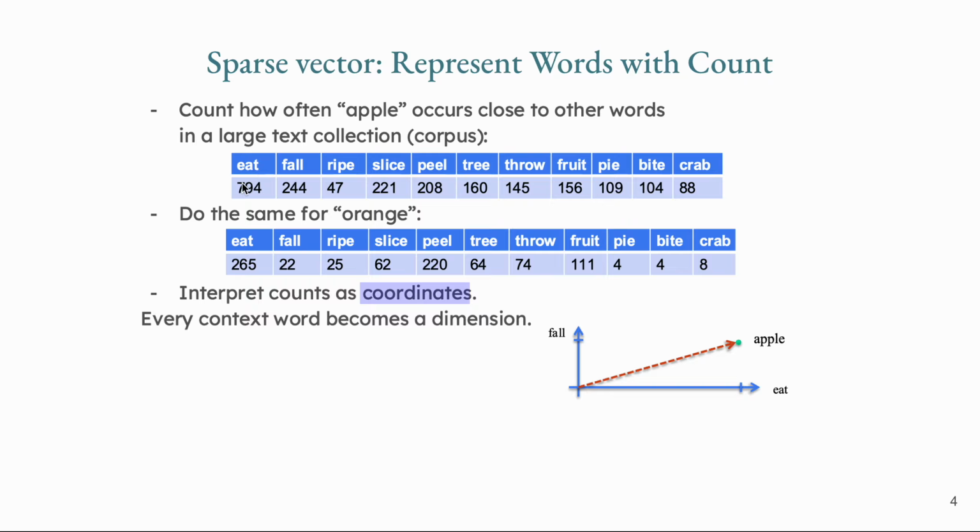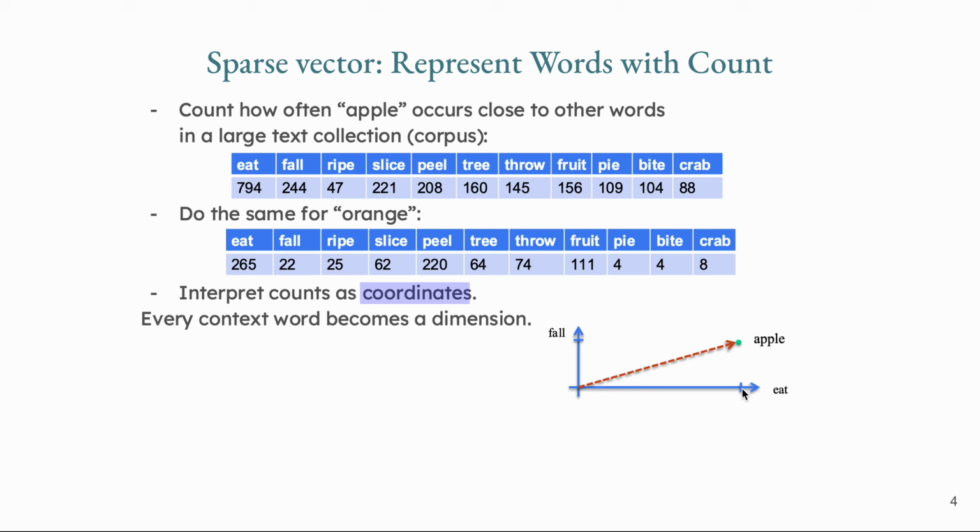Each of these context words, we can use as a dimension in the vector space. A dimension here is like an axis. So for instance, if we take the top two dimensions, with the top two counts, we have eat as the x-axis and fall as the y-axis, and we use the counts as the coordinates.